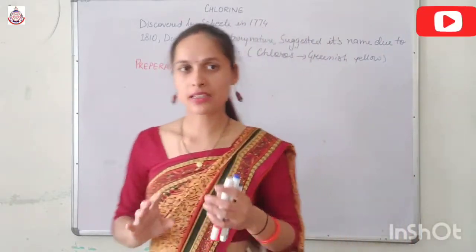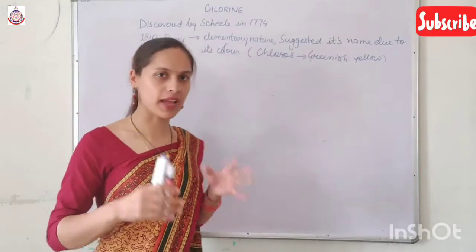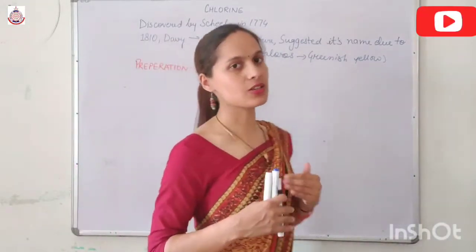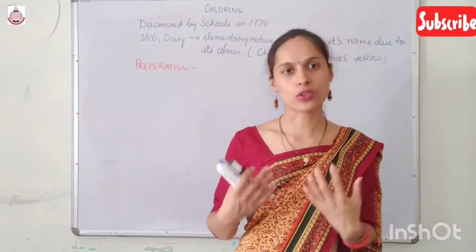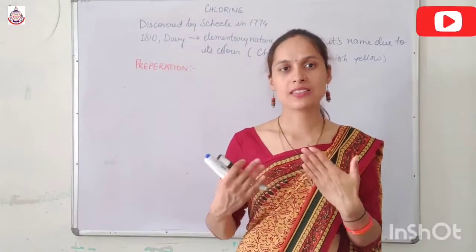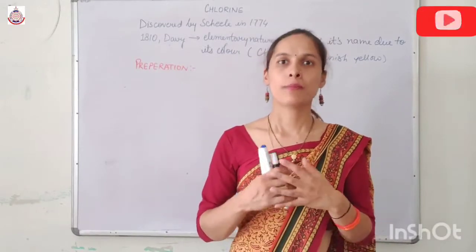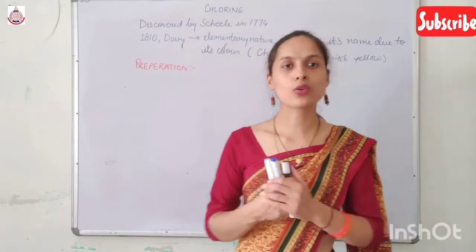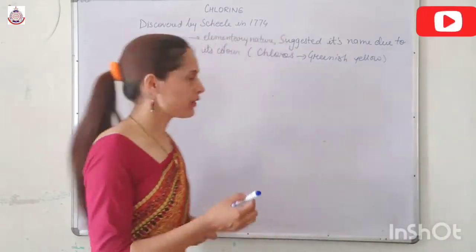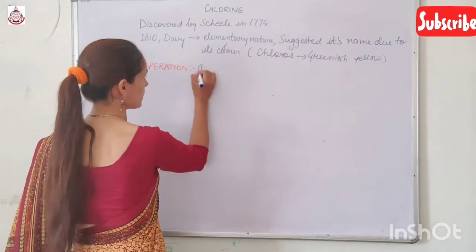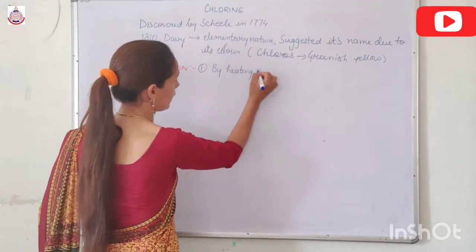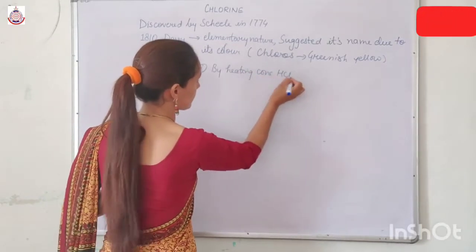So our first method of preparation is based on the method used by Scheele, that is by heating concentrated HCl with an oxidizing agent, like MnO2, potassium permanganate, K2Cr2O7, ozone, red lead, etc.